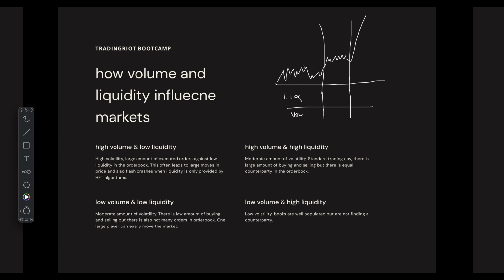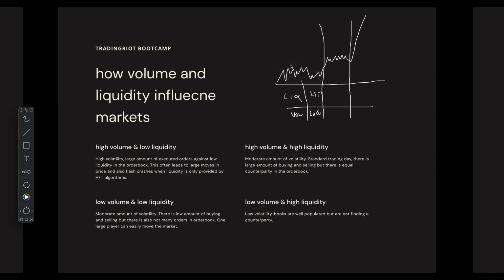So for this case, where markets are just moving in a very tight range, there is high liquidity because, like I said, the books are very populated, and there is very low volume because no one is executing these orders in the book.